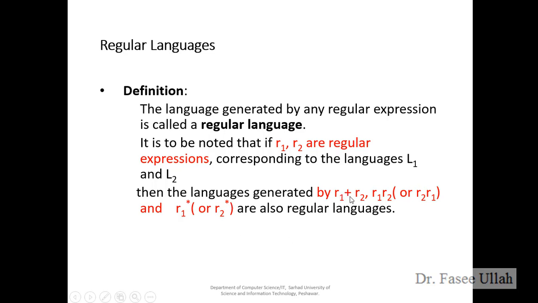Here the plus means the union, and here we have the multiplication. Usually we do not put a symbol between these two regular expressions, so we call that the multiplication symbol. So we have different purposes with different operators. This is how we can define such regular expressions with different operators.